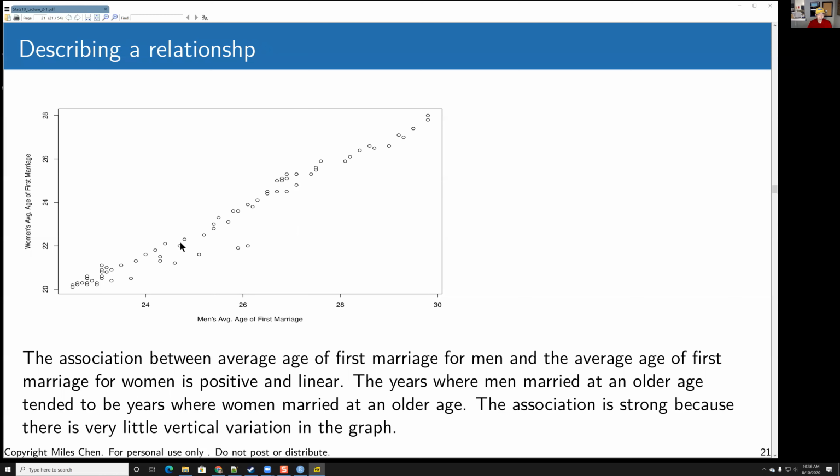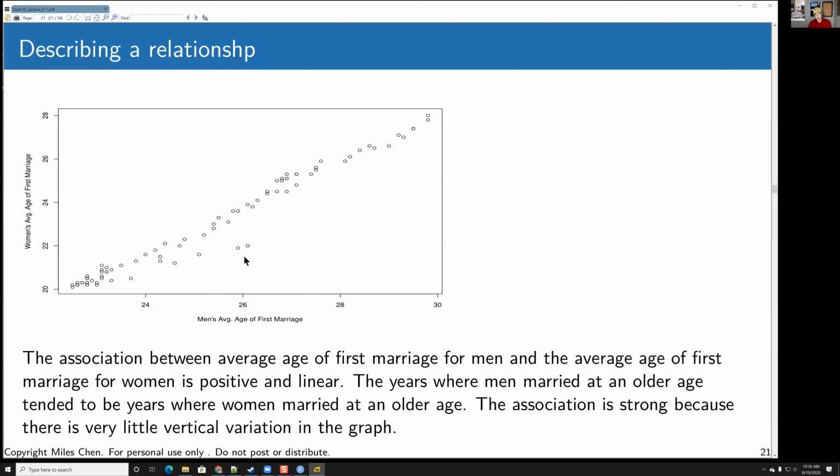But of course, if you look at individual years, in this year the average age of men's first marriage is something around 25, and the average age of women's first marriage is maybe around 22 and a half. Whereas over here, we have a dot where the average age of men's first marriage is around 26, but the average age of women's first marriage is lower at around 22.